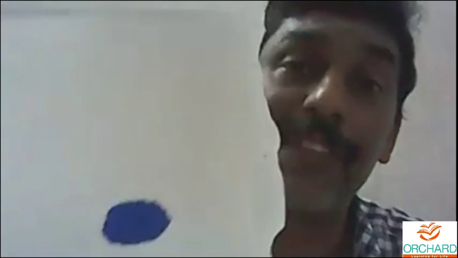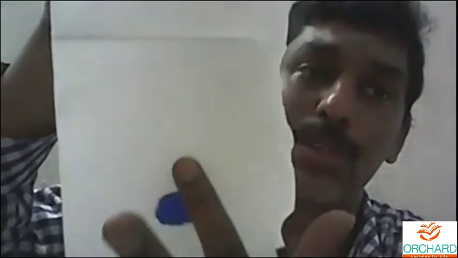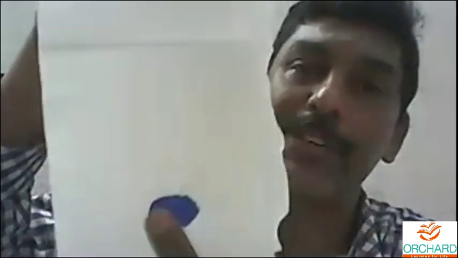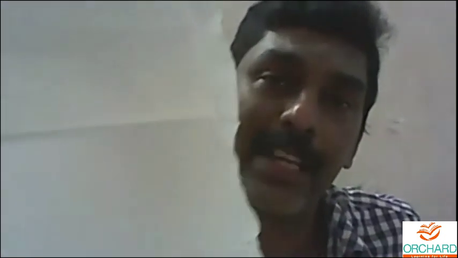Suppose this ink is impure. Suppose several dyes are added, colors are added. This will be showing different colors, okay. And the ink will be spread out throughout the tissue paper, and you can see many colors. We can separate several colors from a dye. This technique is called paper chromatography.